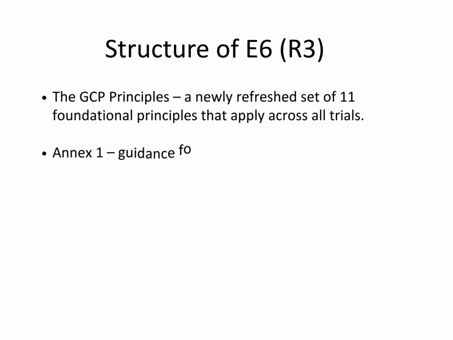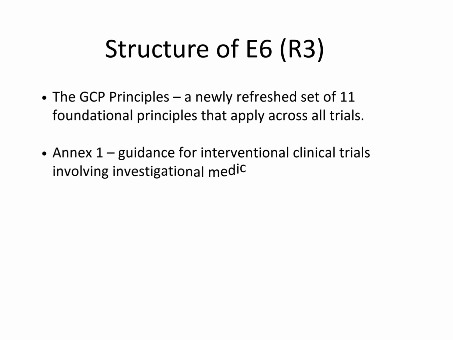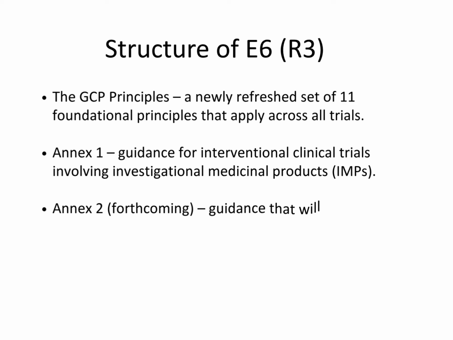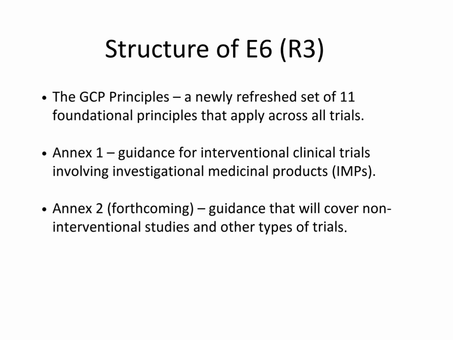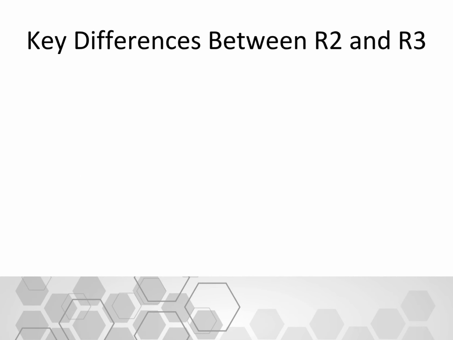Annex 1, guidance for interventional clinical trials involving investigational medicinal products, IMPs. Annex 2, forthcoming, guidance that will cover non-interventional studies and other types of trials. This structure allows future updates to be made more easily and to be tailored to different study types, rather than applying a one-size-fits-all approach.